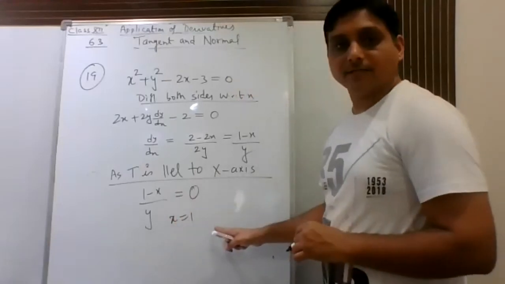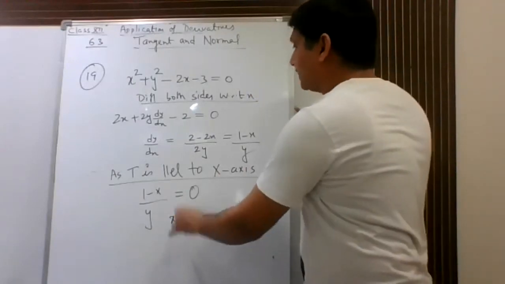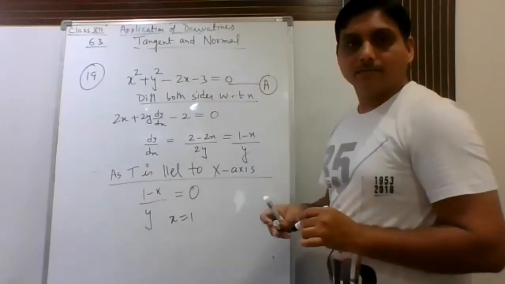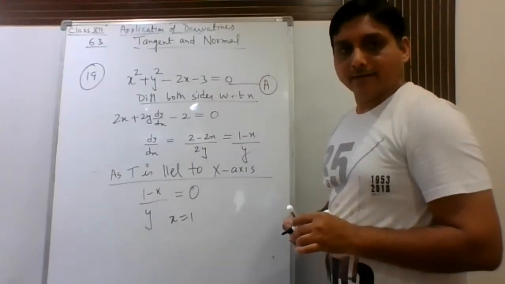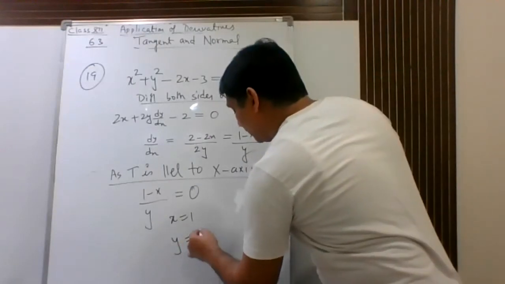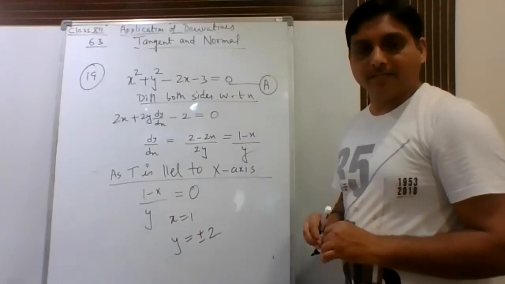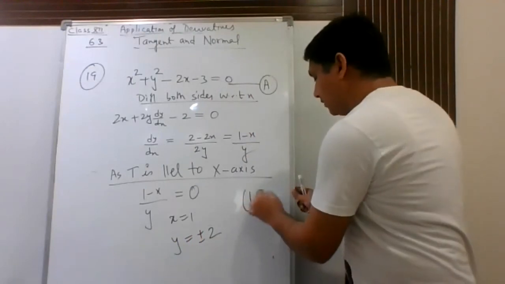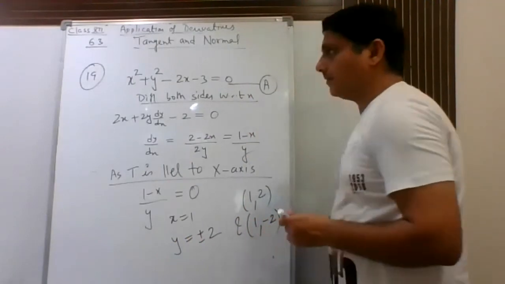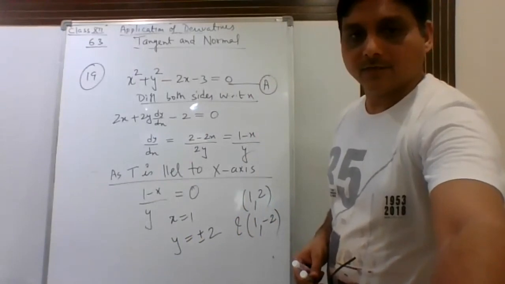After this, you will put this x in equation (a) and you will get two values for y. When you substitute, you can check that y will be equal to plus minus 2. Therefore, the required points are (1, 2) and (1, -2). These are the two required points which we get after calculating.